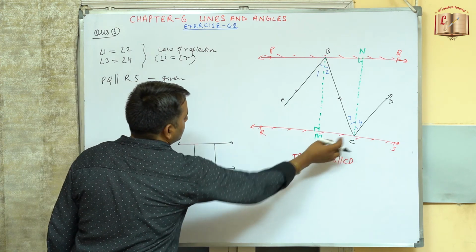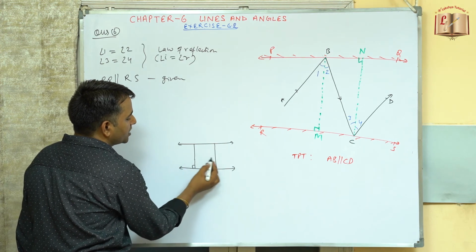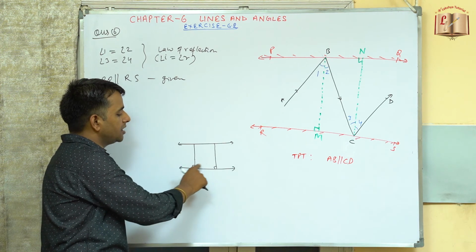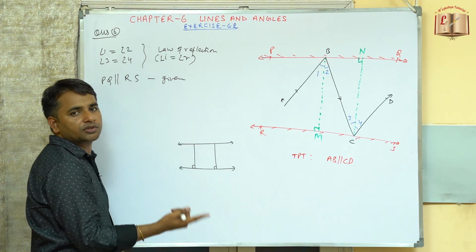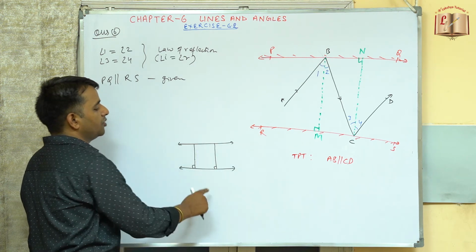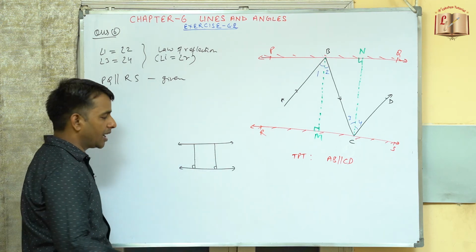Here these are the normals I am talking about. So the perpendiculars will also be parallel to each other, because 90 degrees plus 90 degrees, the sum of interior angles is 180 degrees, so the lines are parallel. So if we draw perpendiculars between any two parallel lines, these two perpendiculars are also parallel.